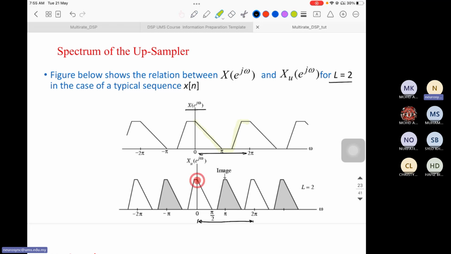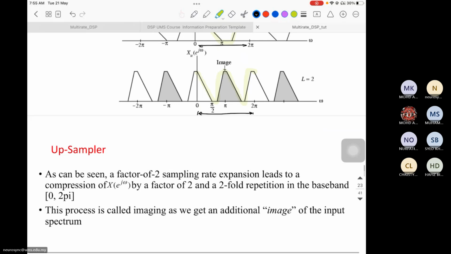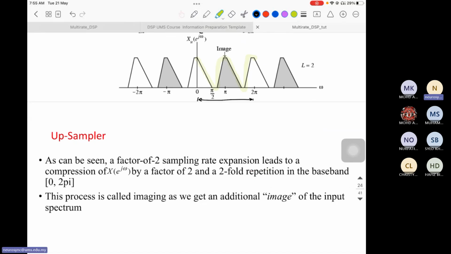So you can see here, this is repeated once again. The factor of 2 sampling rate expansion leads to a compression of X of e to the power j omega by a factor of 2.